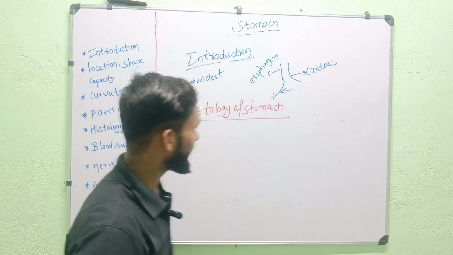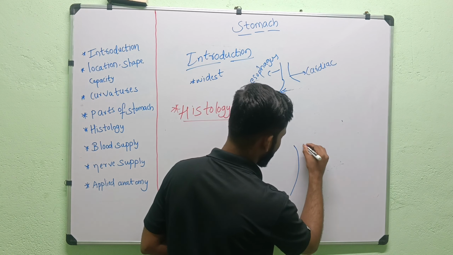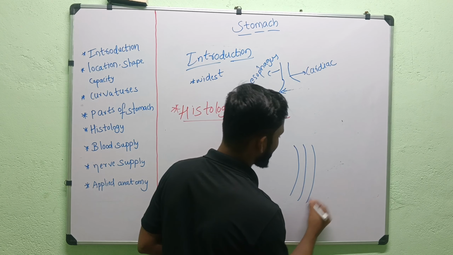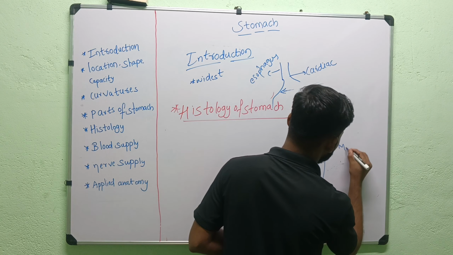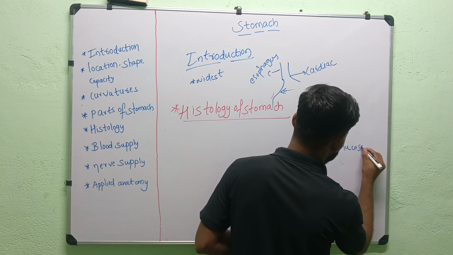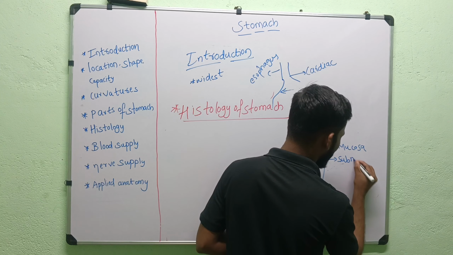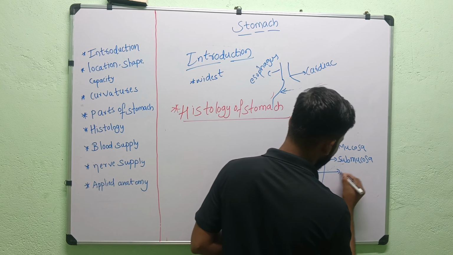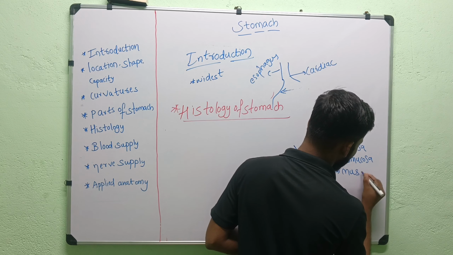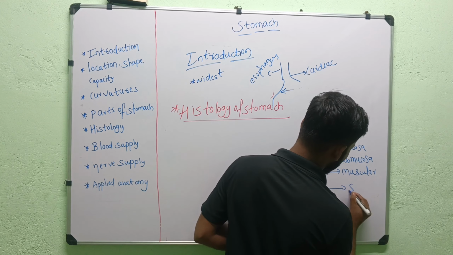The stomach is made up of mainly 4 layers. The first layer is known as mucosa, the second layer is the submucosa, the third layer is the muscular layer, and the fourth layer is the serosa.